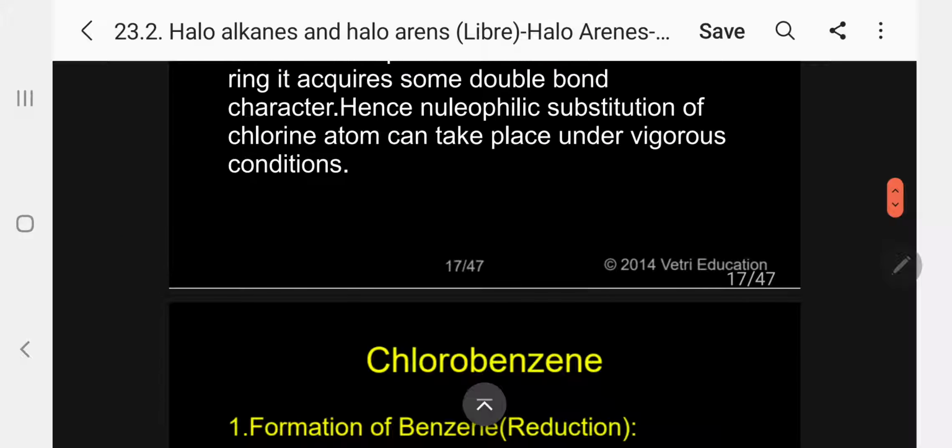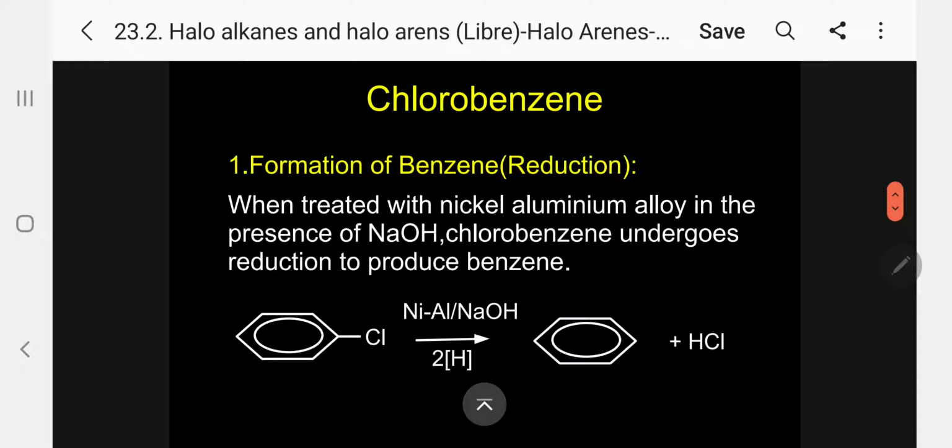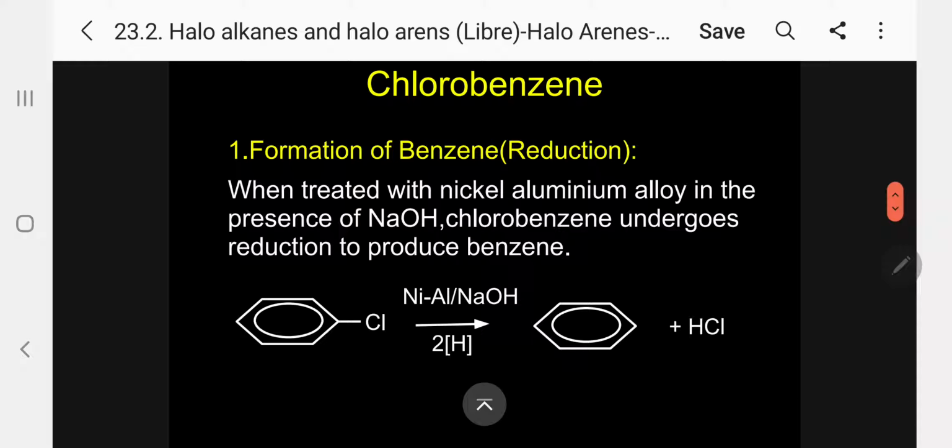Okay. Now let me take the first one: formation of benzene. That is called reduction. Removal of chlorine and the addition of hydrogen. The chlorine is substituted by hydrogen. That is, addition of hydrogen is called reduction.